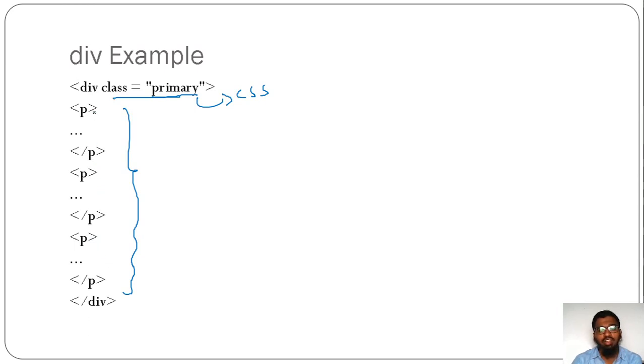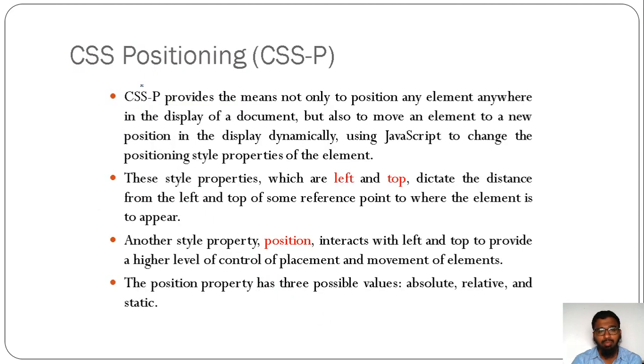No need to mention the style on each one. If you apply the CSS style primary to this div, then there is no need to apply it to the paragraph. Automatically it will apply to the paragraph. So this is an example for div.